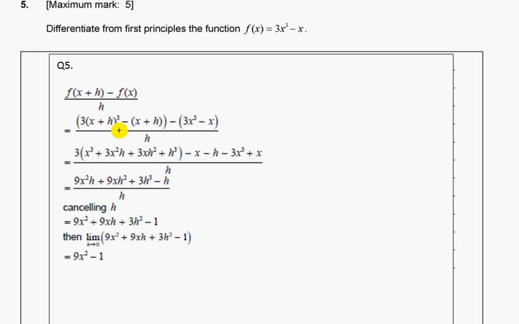Then we simplify. Then we divide by h and we get this expression. Now we should find the limit when h is negligibly small. So this becomes 0, 0, and we're getting 9x squared minus 1. Let's check it. We know how to differentiate 3x cubed minus x. Yes, we got it right.